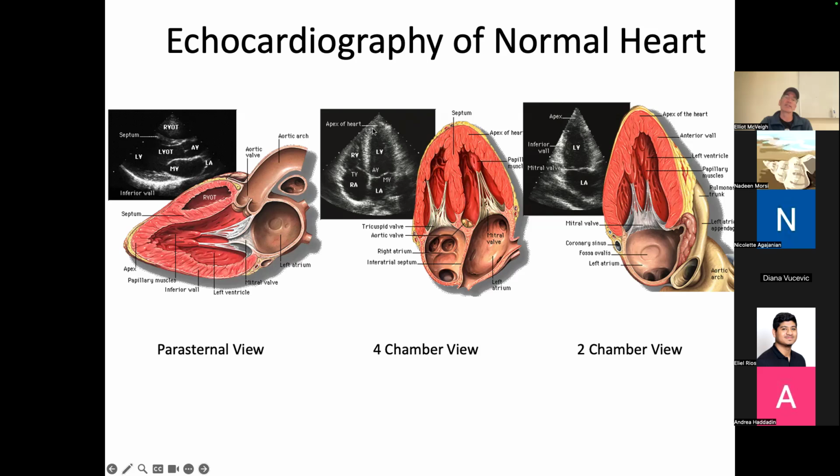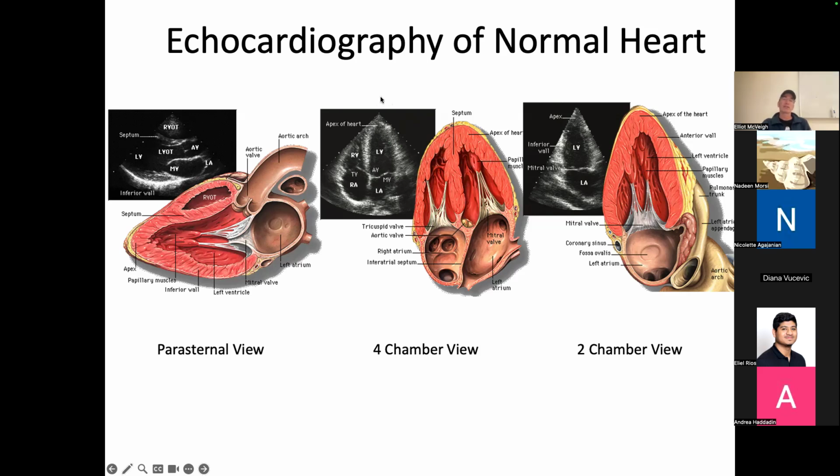And in this view, we'll see it shorten in this direction. The valve plane will move towards the apex, and we'll be able to measure whether or not this tissue is contracting and this tissue. So I have a good view for left ventricular function in this 4-chamber view.